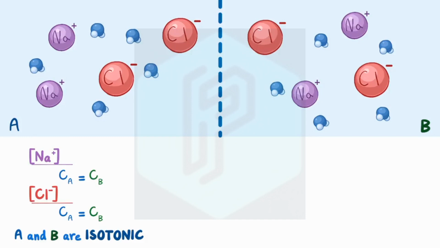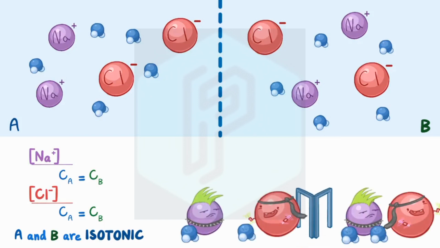Now, inside the two compartments, water molecules and sodium and chloride ions are moving around and bouncing off each other. It's kind of like two big dance parties happening in two adjacent warehouses that are connected by doors that are semi-permeable, meaning that the water molecules can get through but not larger sodium and chloride ions.